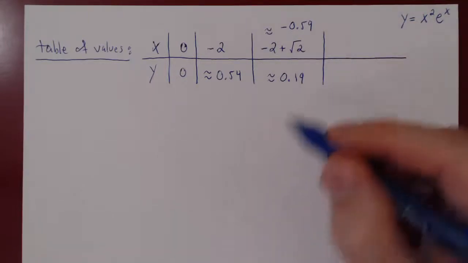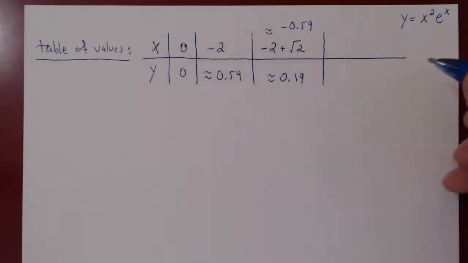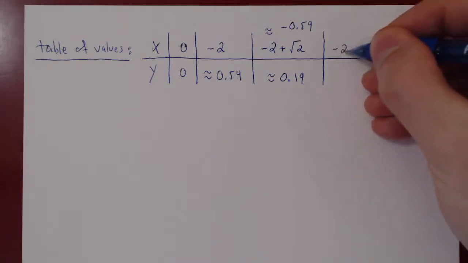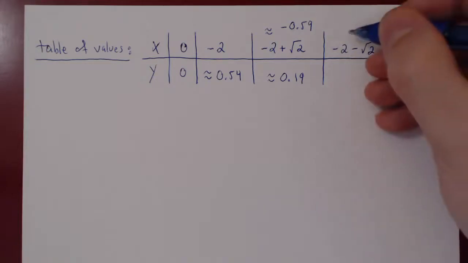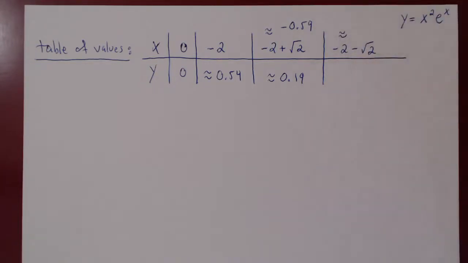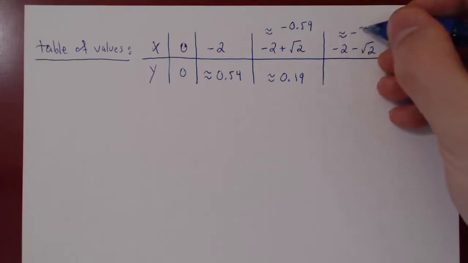The other was negative 2, negative root 2. And if you compute this with your calculator, you will find an approximate value of negative 3.41.